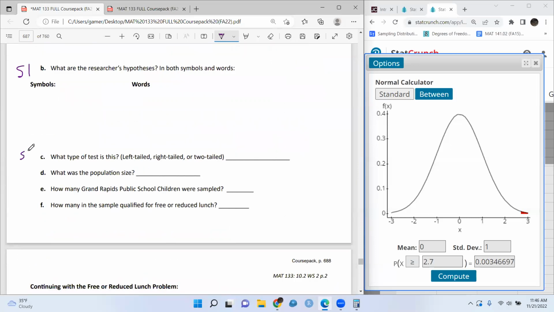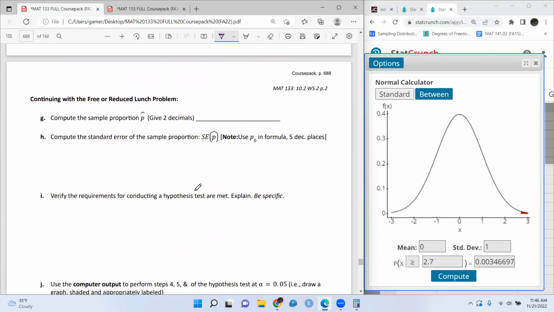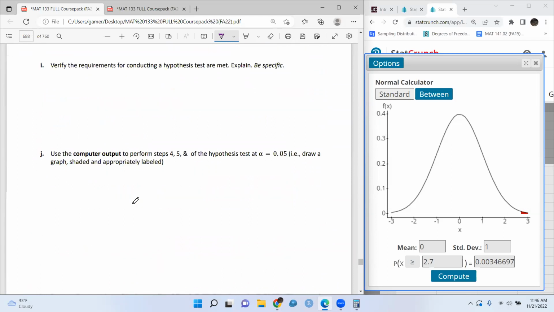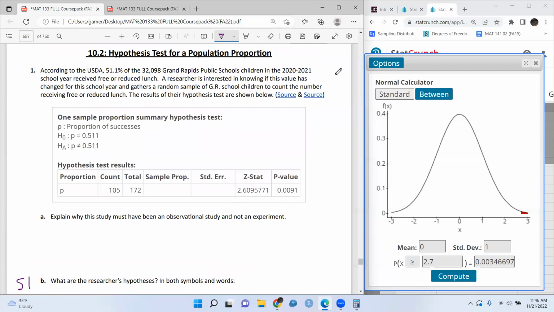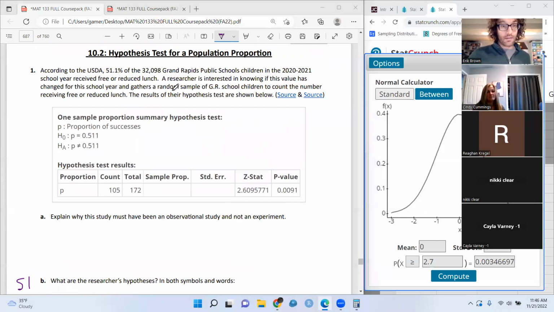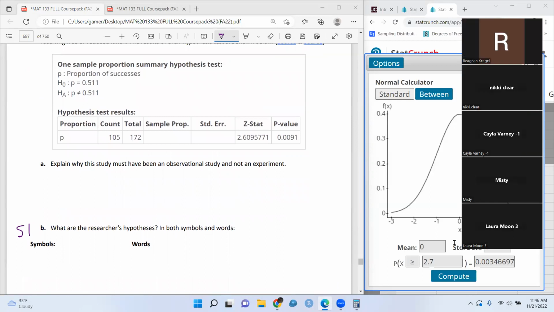This is also step 1. What's the population size? This is identifying things. This is verifying the requirements. Okay, so let's take 5 minutes on the first page. I want you to read it carefully, figure out what are the important things up here, and then see what you can do to answer it. And we'll check in 5 minutes.